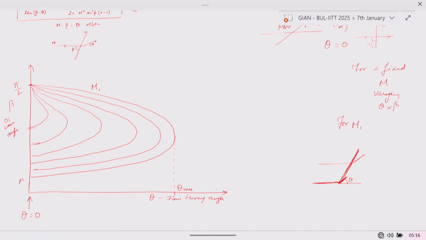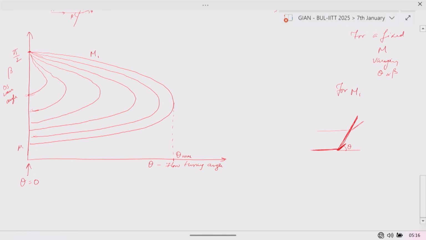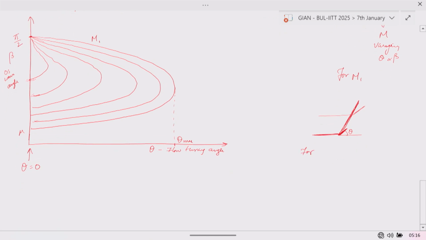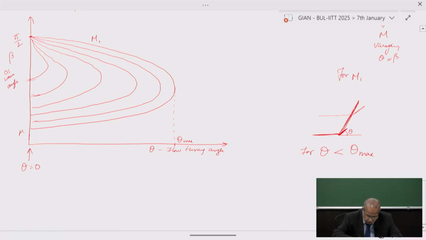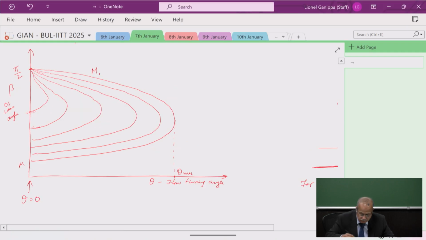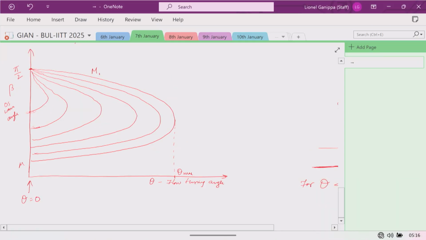The second thing we are going to say here is for theta less than theta max. Before I proceed further, let me complete what I said. So it has to be one continuous smooth line here. So this is theta max.